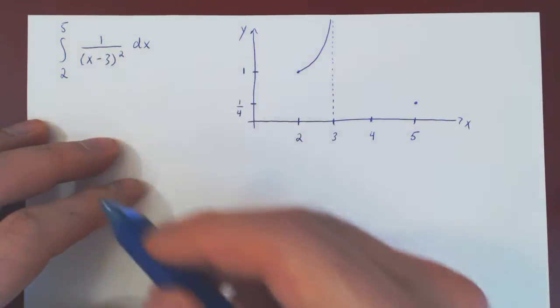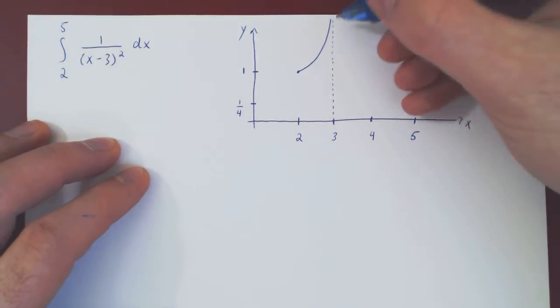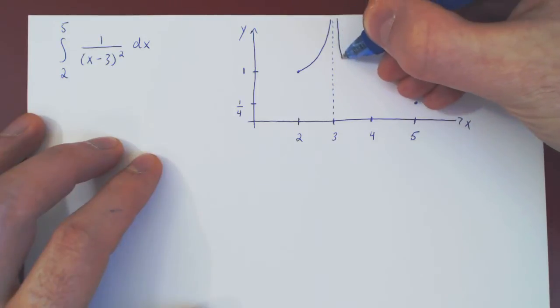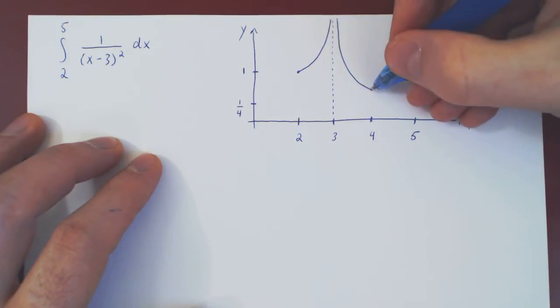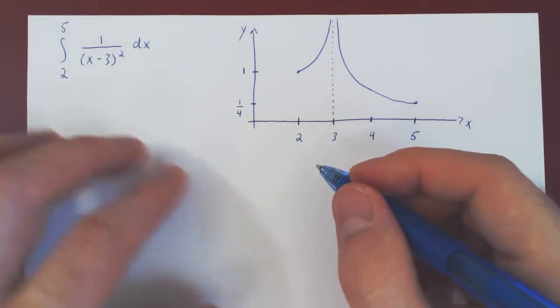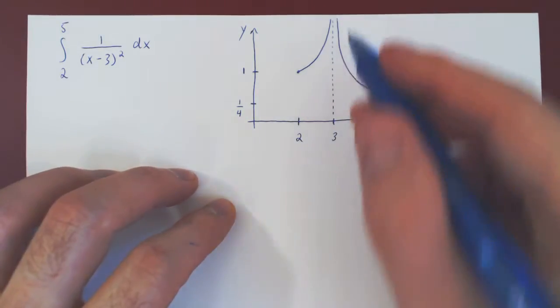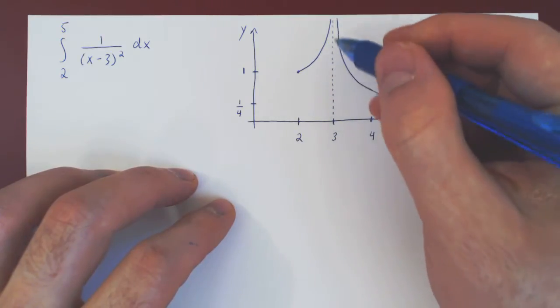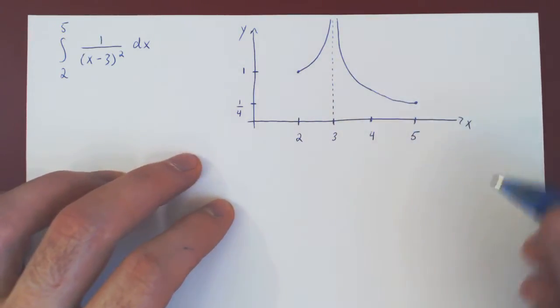You'll have a 1 over positive 0, so this will also approach positive infinity. So the graph will look something like this. Okay, so now we have the graph of our function between 2 and 5, and we have an infinite discontinuity at x equals 3.